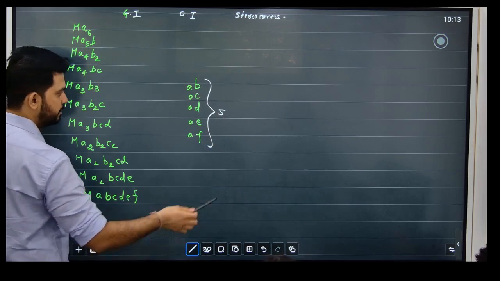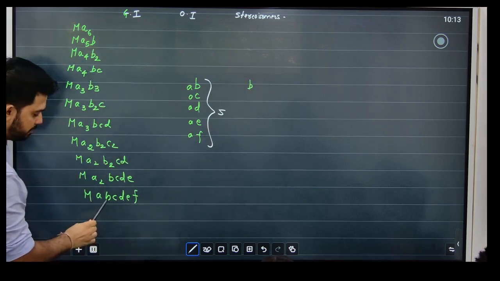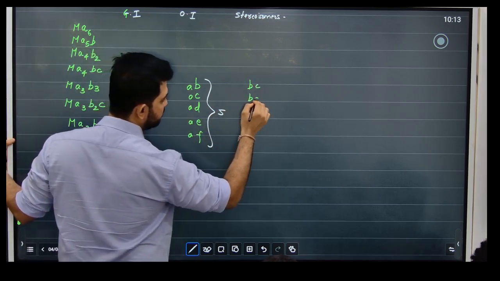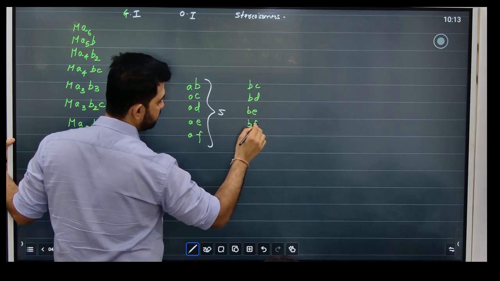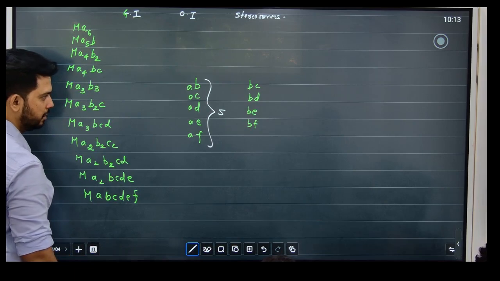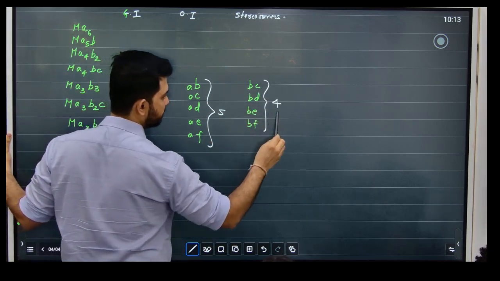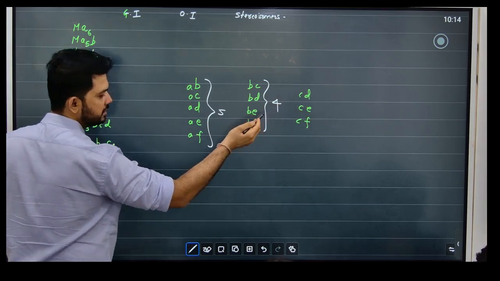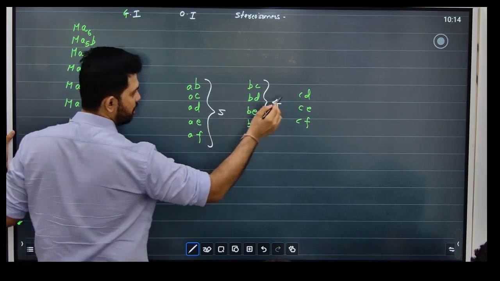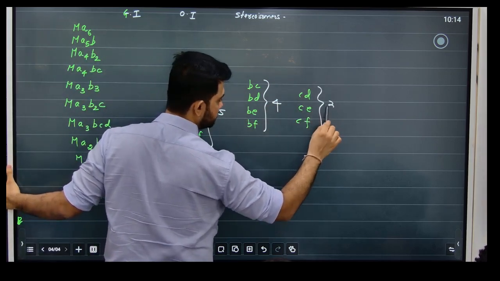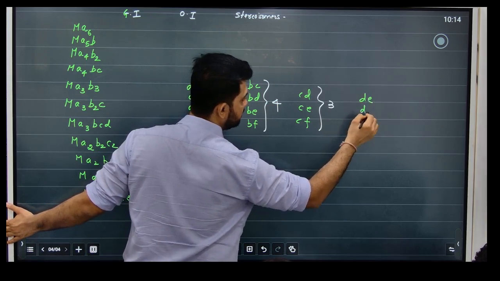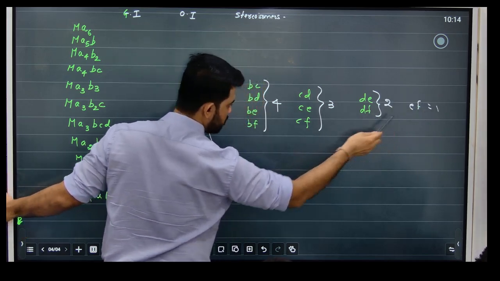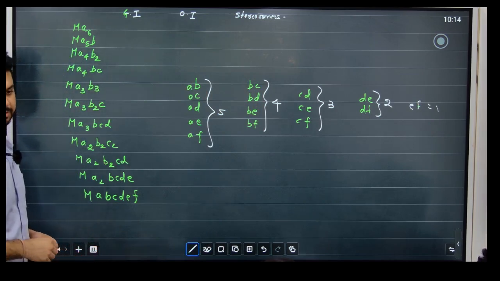Then with B, how many different possible combinations with B? Can I write BA? No, because it's already covered here. So it will be BC, BD, BE, BF. So how many such combinations are possible? 4. Then with C, CD, CE, CF. Can I have CB or CA? No, because they are covered here. How many combinations? 3. Then इसके बाद DE, DF. How many combinations? And last EF. Total number of isomers? 15.